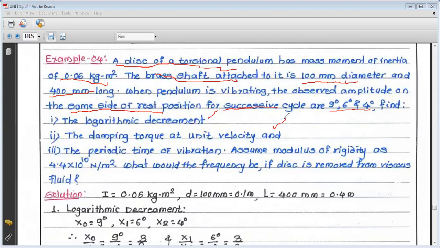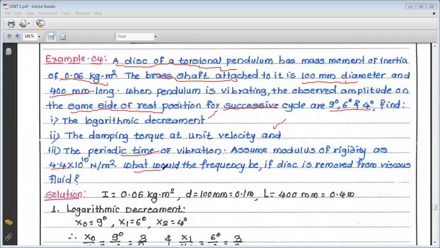Similarly, the damping torque per unit velocity is your CT, the damping coefficient in torsional vibration. And we have to find out the periodic time of vibration. Assume that the modulus of rigidity is 4.4 into 10 raised to 10 Newton per meter square. So rigidity, that is the value of G, is given.